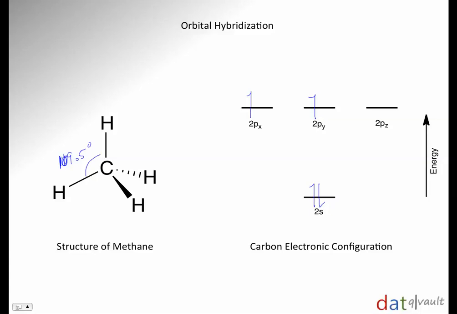Carbon in this electronic configuration only has 2 unpaired electrons in the 2p orbitals. So based on this model, we can only form 2 bonds around this central carbon. But we know that carbon creates 4 bonds, especially as seen in the structure of methane. That does not mesh well with these two theories, so we have to do something to fix this, and this is where orbital hybridization comes into play.